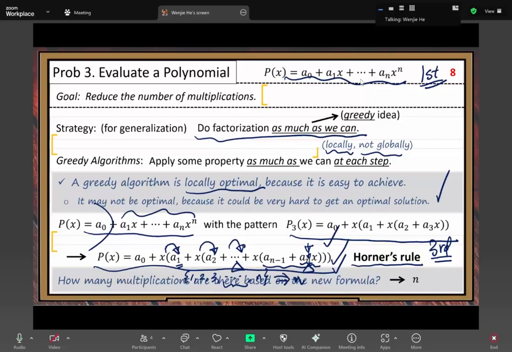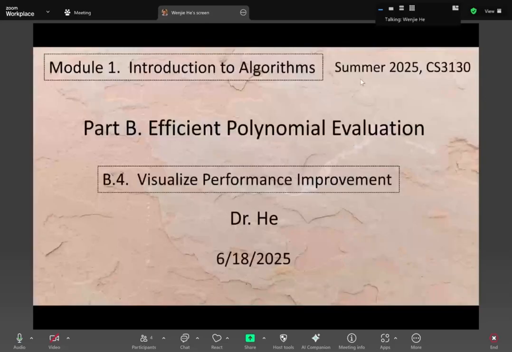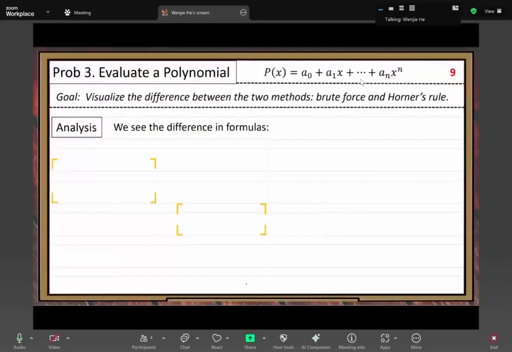What is the improvement? Next, B.4, visualize performance improvement. Is it a big improvement or small improvement? We want to see that. So let's look at the difference in formula, because there are two formulas we can compare.